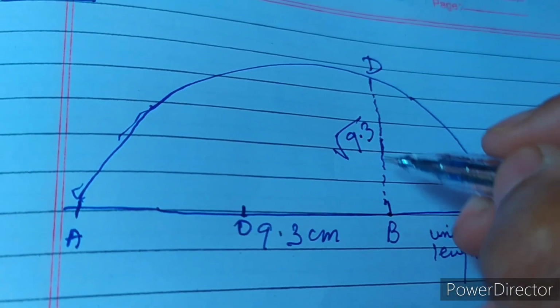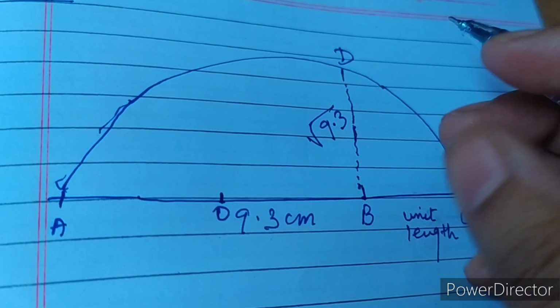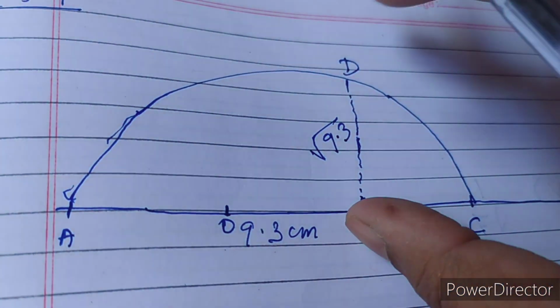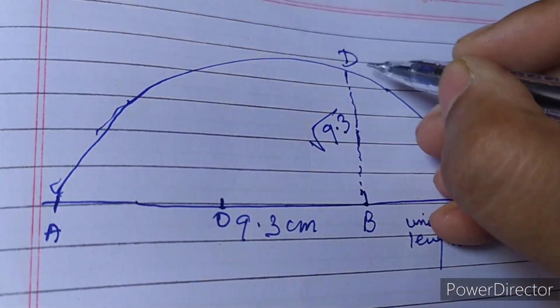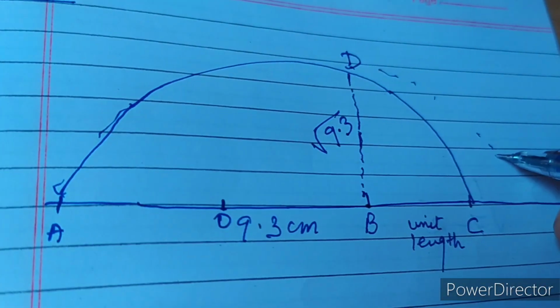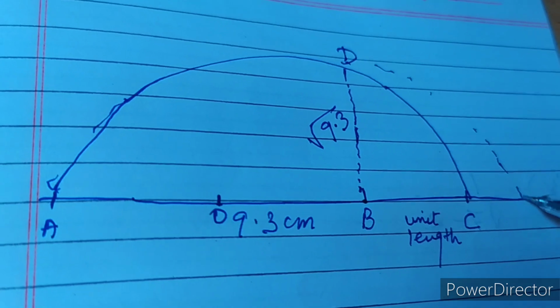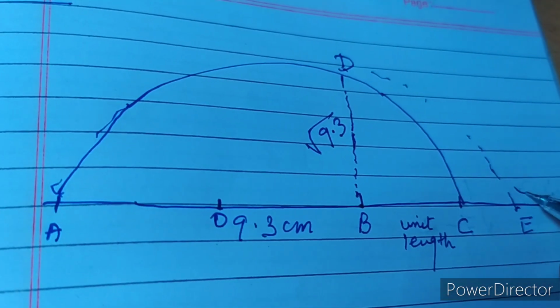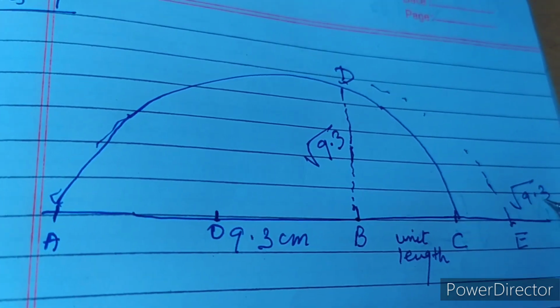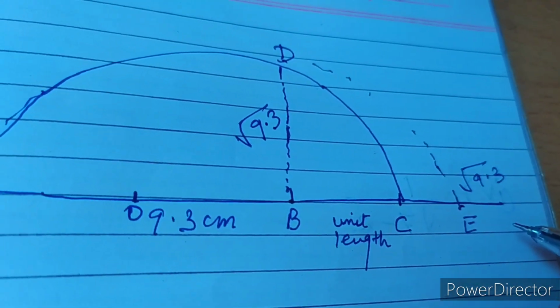Now, because you have to mark this on the number line, put the center at B, take the measurement BD as the radius, and put an arc on this line and name it as E. Now this E will represent under root 9.3 on the number line.